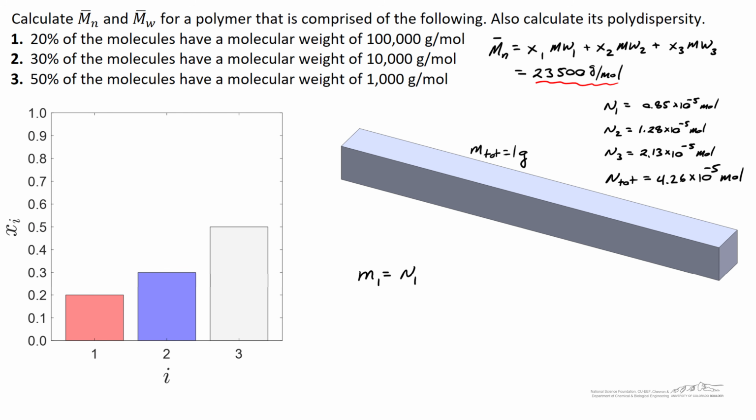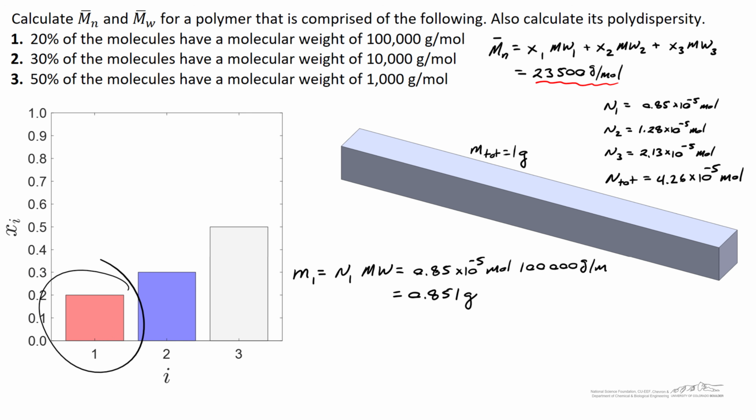So to calculate that, I'm going to take the number of moles of that molecular weight multiplied by its molecular weight. So I've got 0.85 times 10 to the minus fifth moles multiplied by the molecular weight of 100,000 grams per mole. What I find is that the total mass is 0.851 grams.